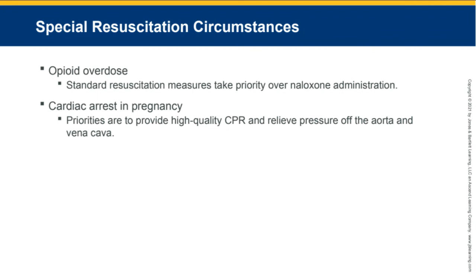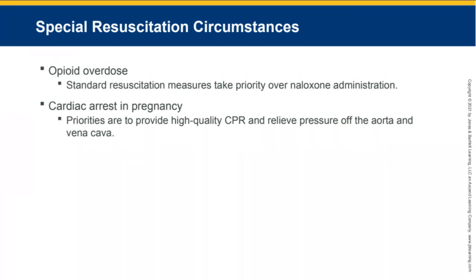The treatment for opioid overdose or opiate overdose is naloxone or Narcan. That's what reverses the effects of opioids. And when I talk about opioids, I'm talking about heroin, morphine, oxycodone, OxyContin, Dilaudid. All of these are opioids, same class.